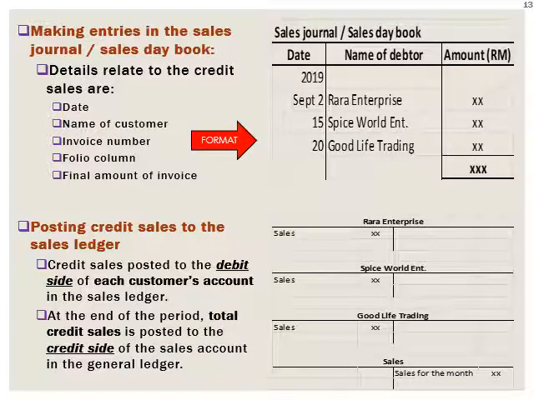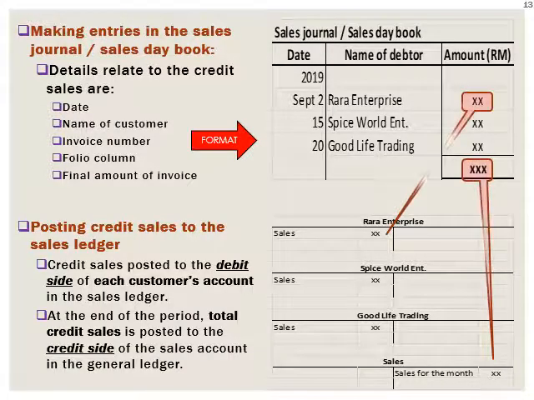As you can see in the example, we have three different debtors, which are Rara Enterprise, Spice World Enterprise, and Good Life Trading. In the sales journal, we will only record the dates of the transaction, the names of the debtors involved, and the amount for each debtor. There is no debit side and credit side in the sales journal. We will only record the list of our debtors with their amounts.